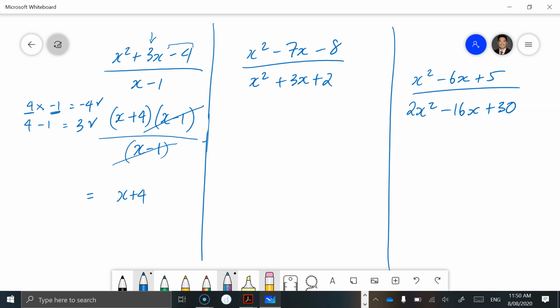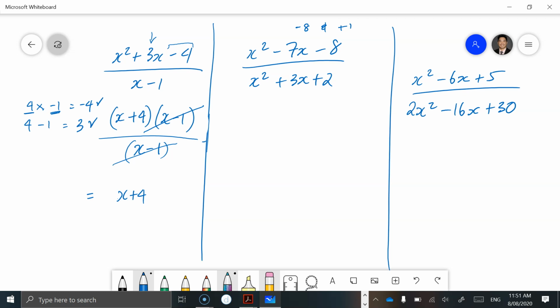Okay, so now we look at the middle equation, and we do have, again, two monic expressions. We have minus 8. So the factors of minus 8 that add up to minus 7 is minus 8 and 1. And it's really important that you get your negatives and your positive values correctly, okay?